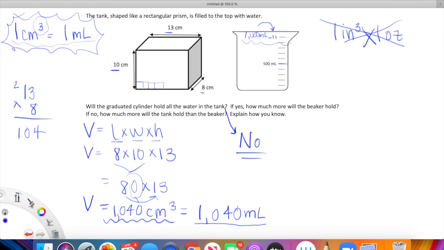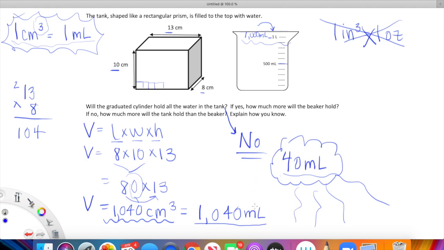Well, the tank holds 1,040 milliliters, and the beaker holds 1,000 milliliters. So if we were going to be really brave and pour this tank into the cylinder, we're going to end up with 40 milliliters of water spilling all over the floor because the tank holds 1,040 milliliters and the cylinder only holds 1,000 milliliters.